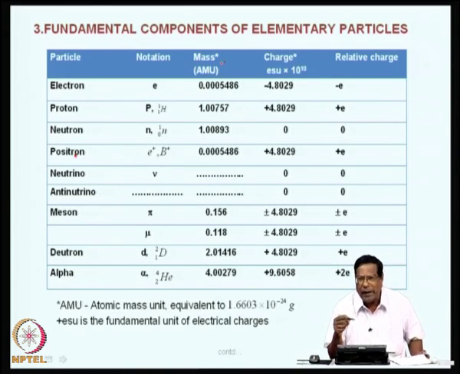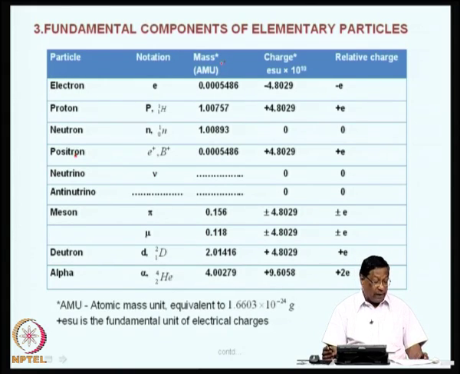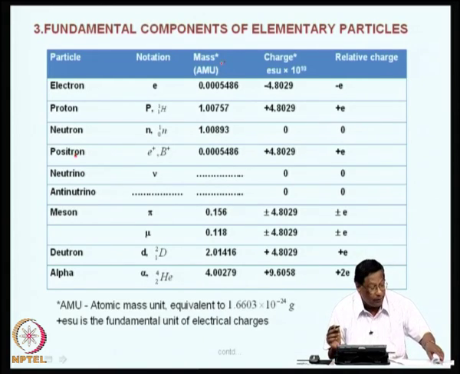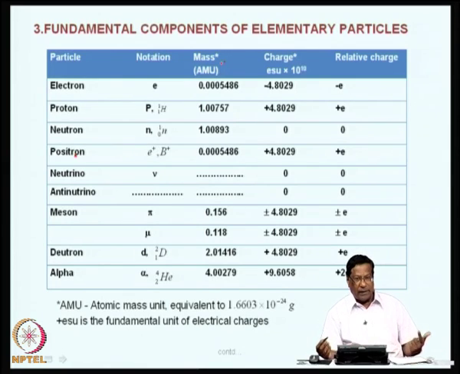In general, we take it as 1 atomic mass, but the actual mass is 1.00757 AMU, and its charge is 4.8029 ESU. In essence, an electron will have 1 negative charge and a proton will have 1 positive charge.